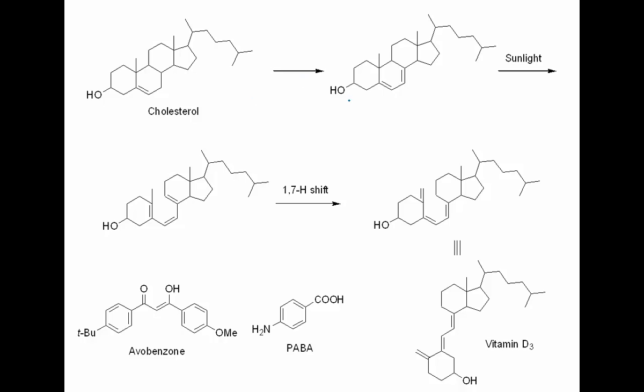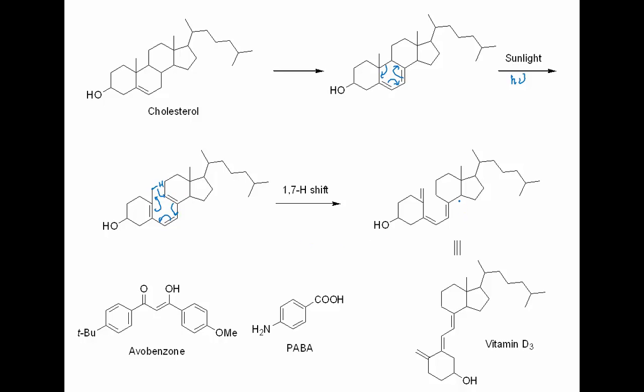Well, an enzyme converts cholesterol to dehydrocholesterol, shown here, and then sunlight causes not the Diels-Alder reaction, but something called an electrocyclic ring opening, which is also a pericyclic reaction. All right, and this produces this, and another pericyclic reaction occurs called the 1,7 hydrogen shift, making vitamin D.